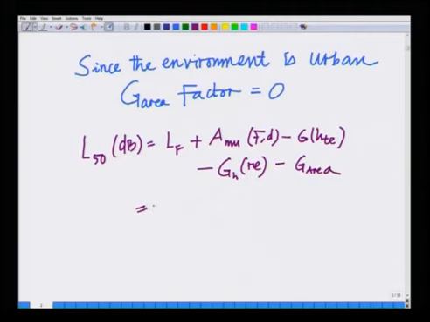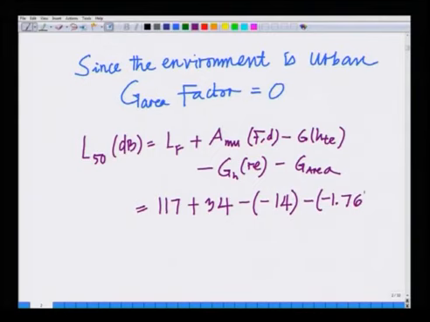This is the free space path loss, which is 117 dB, plus A mu, which is 34 dB, minus the transmit antenna gain factor, which is minus 14 dB, minus 1.76 dB, and that is approximately equal to 167 dB.